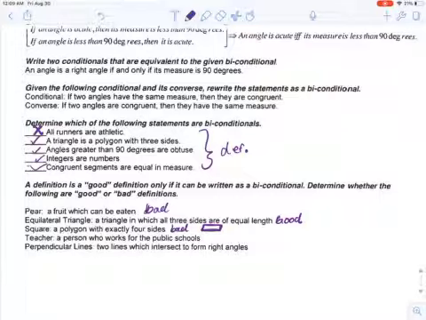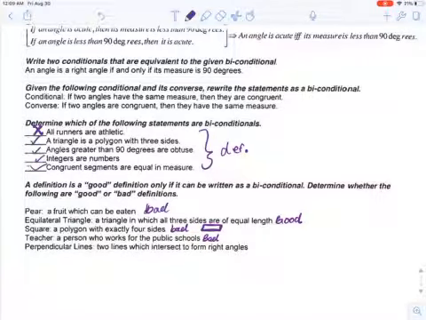They are a teacher if and only if they work for public schools. This one's bad as well. You can be a teacher and work for private schools. Also, the people who work for our schools aren't just teachers. We have janitors, we have counselors, we have administration, all of that. Now, perpendicular lines.